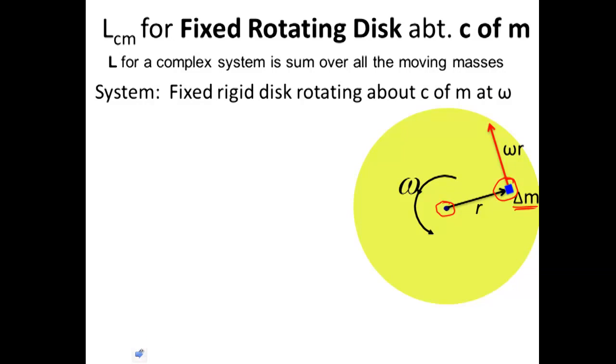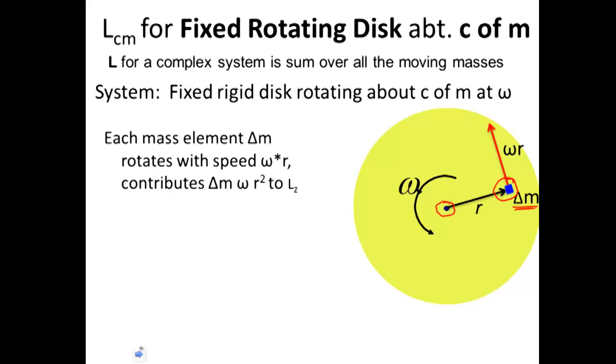And it's rotating about the fixed axis with angular speed omega, and so it rotates with the speed omega r. This little vector here is the velocity of the particle, and it has mass delta m, and it is a distance r from the origin, and so it contributes delta m omega r squared to the angular momentum.